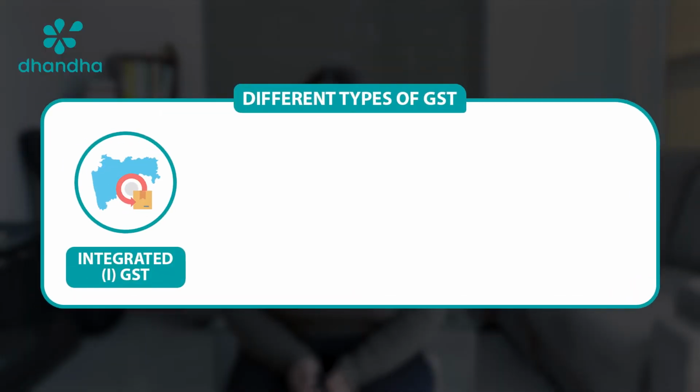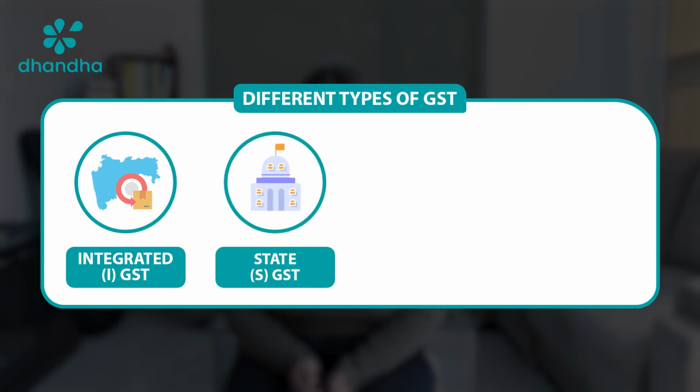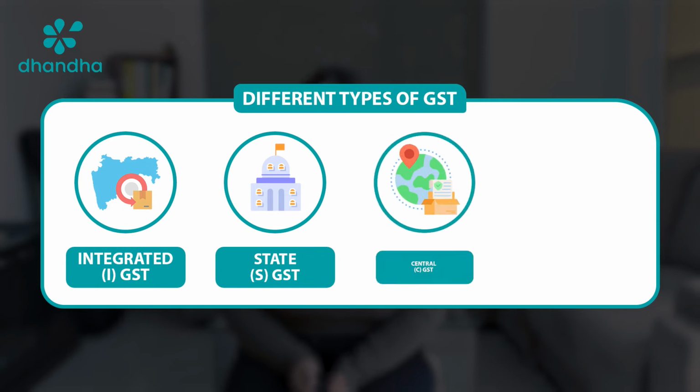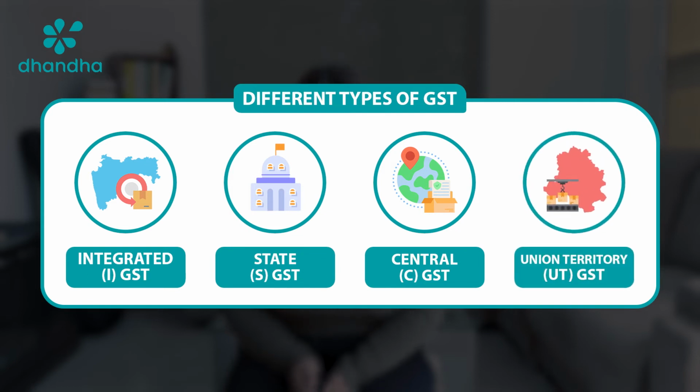First, Integrated Goods and Services Tax, that is IGST. Second, State Goods and Services Tax, that is SGST. The third one, Central Goods and Services Tax, that is CGST. And fourth, Union Territory Goods and Service Tax, that is UTGST. The taxation rate under each of them is different.